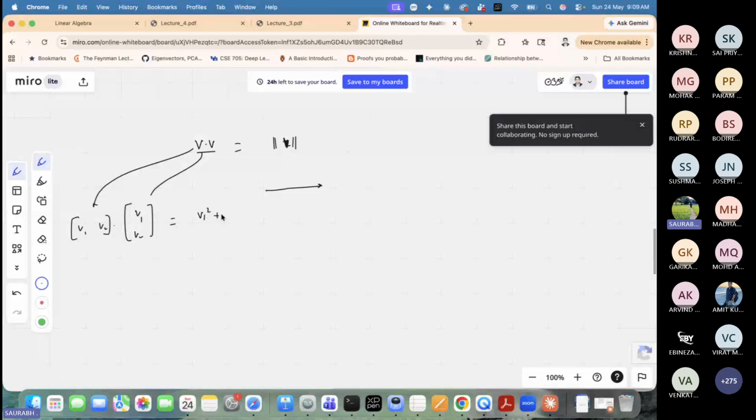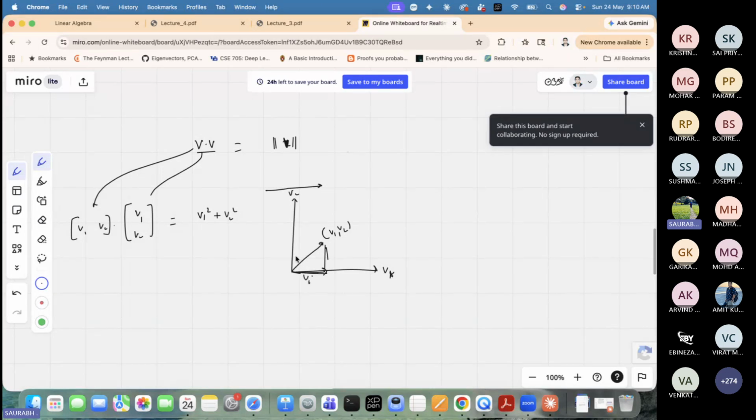Now let's say that this is v1, this is v2, and this is the vector with components v1 and v2, right? Now what is v1 square plus v2 square? What is the length of the vector?